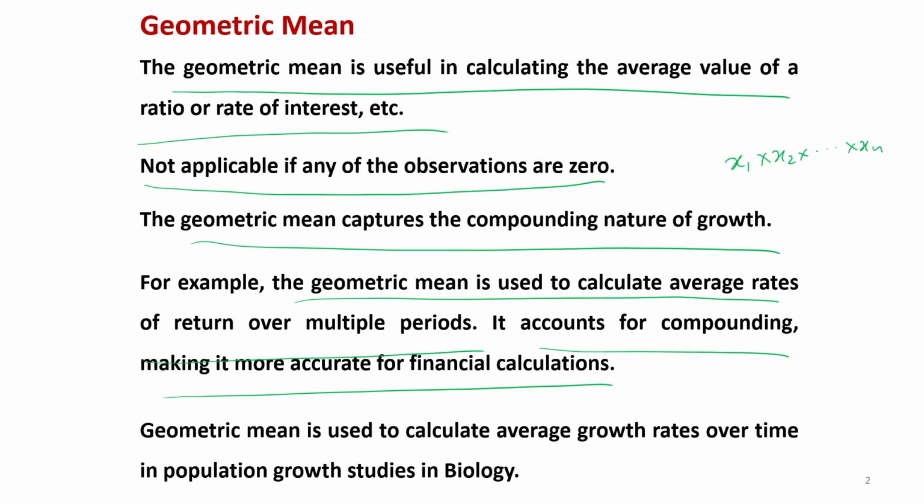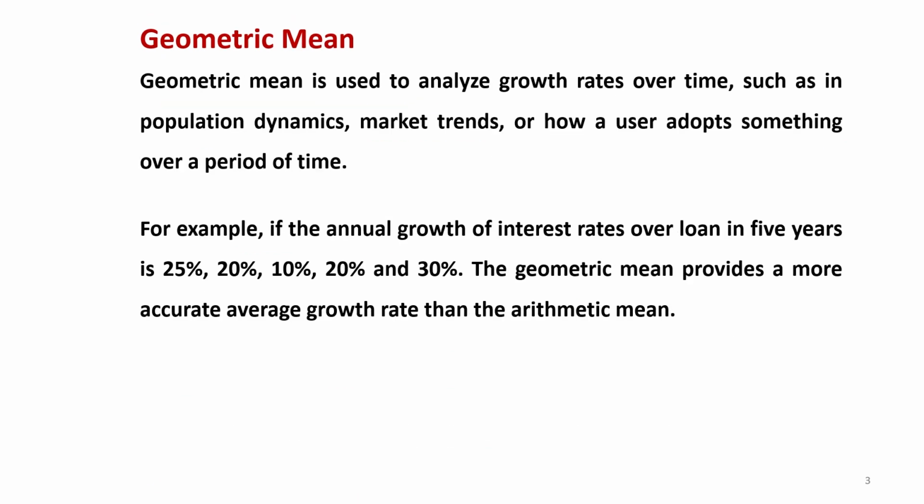In biology also, the geometric mean is widely used to calculate the average growth rate over time in population growth studies. It is used to analyze the growth rate over time, for example in population studies, market trends, and how users adopt something over a period of time.